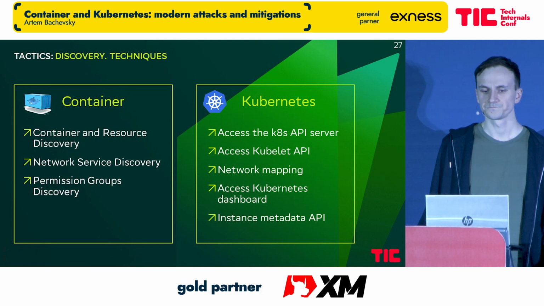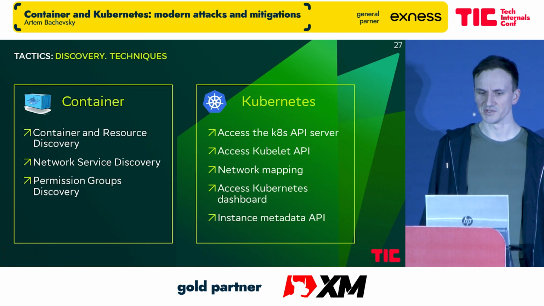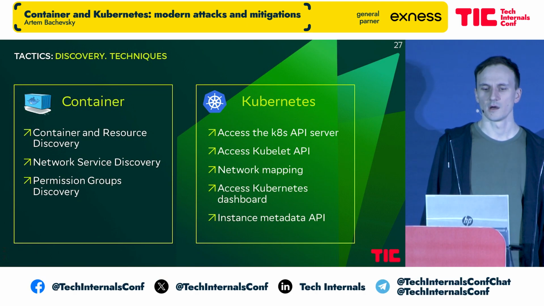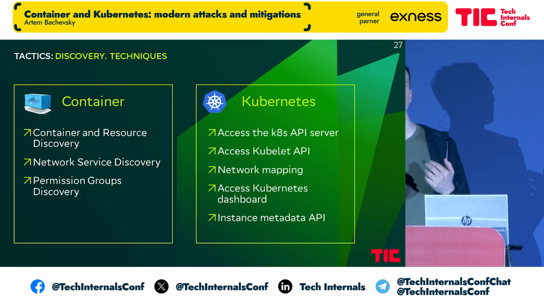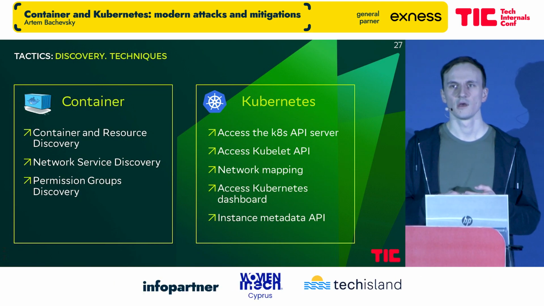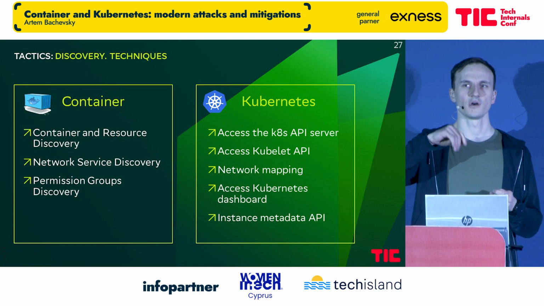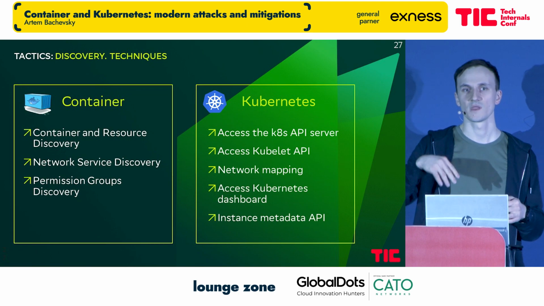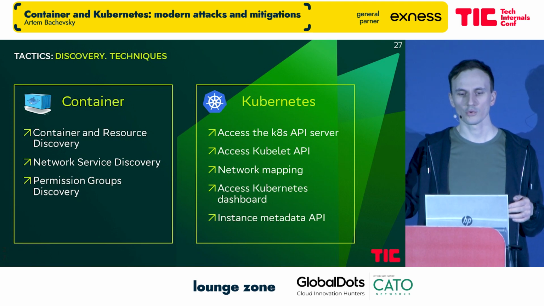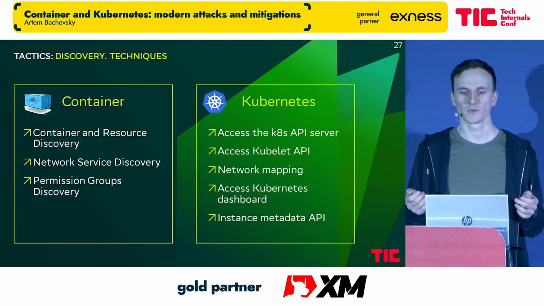It's a good way, but it also could be mitigated. Also, it could be done by calling the Kubernetes or kubelet API and identifying all the infrastructure via the orchestrator. Or it could be done through the cloud API.